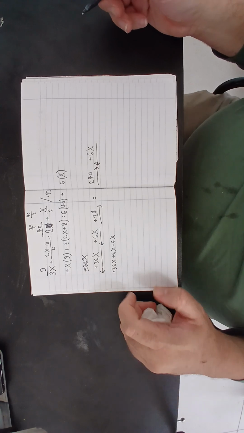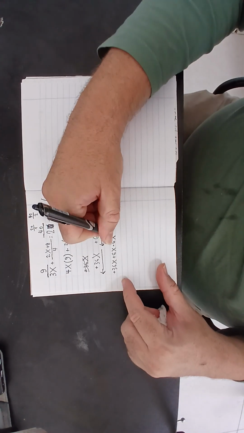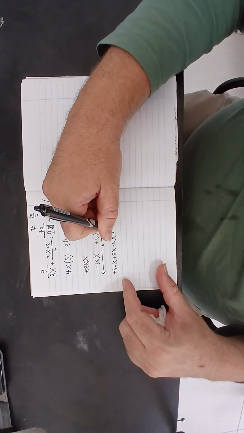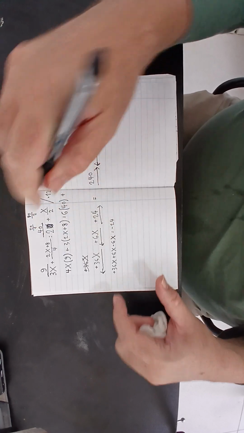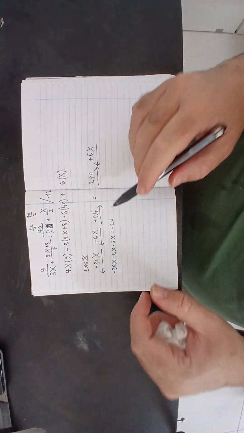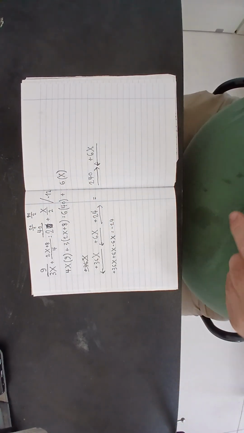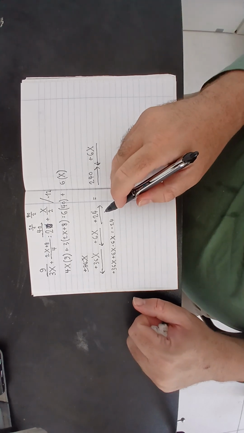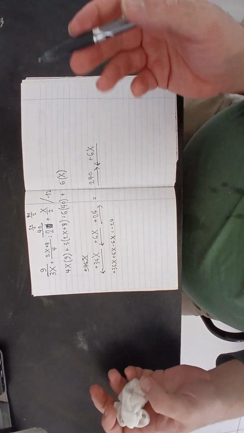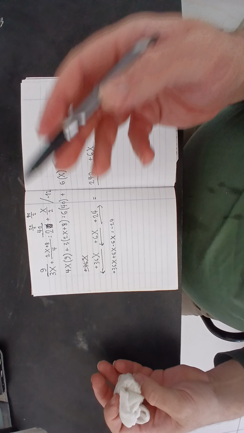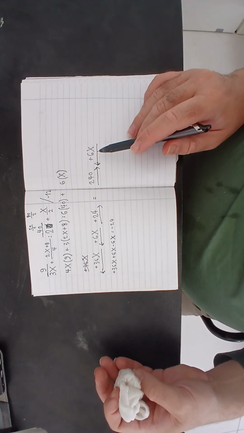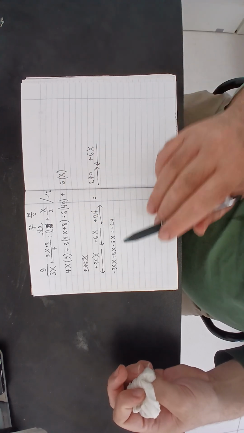So we also have negative 24 because it's written before the equal sign, and I also changed the sign of 24 the same way I changed the sign of plus 6 to negative 6.